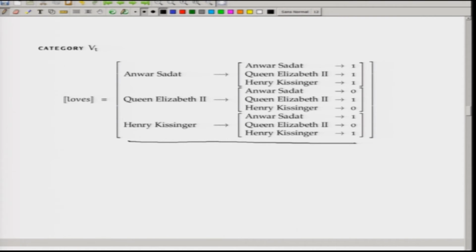It is because we remember that the construction of this function is a little peculiar. It does not mean that Anwar Sadat loves Anwar Sadat and Anwar Sadat loves Queen Elizabeth. This is not the direction of loving, not that this is the lover and this is the beloved. The direction actually is quite the opposite. Why is it so? Once again we look back.